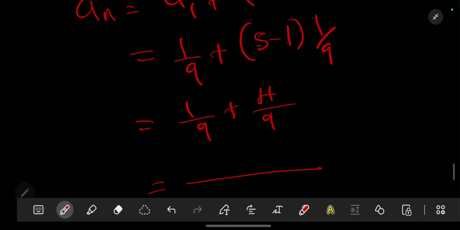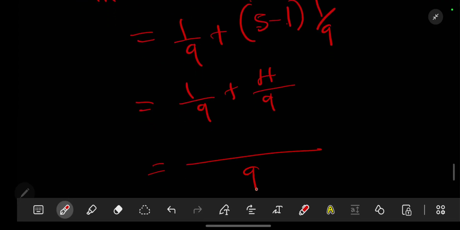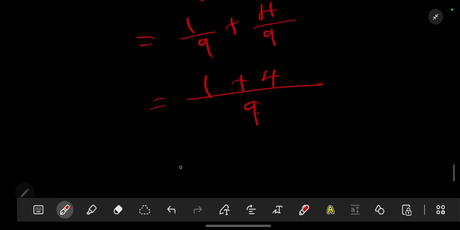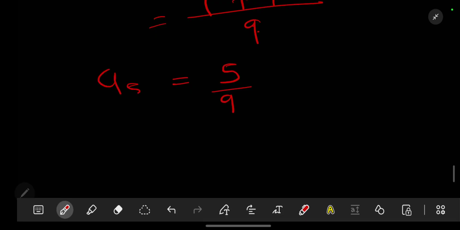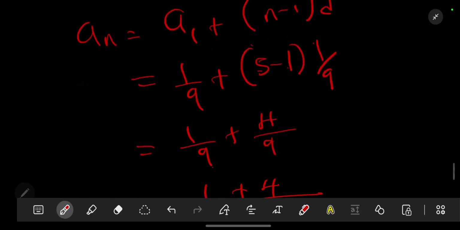We find the common denominator is 9. 9 divided by 9 is 1 times 1, that's 1, plus 9 divided by 9 is 1 times 4. We have 4. So we have 5 over 9, like that. So this is term number 5.